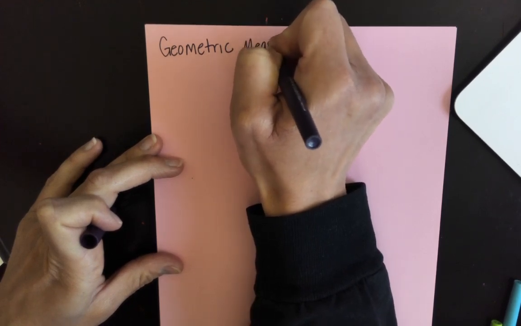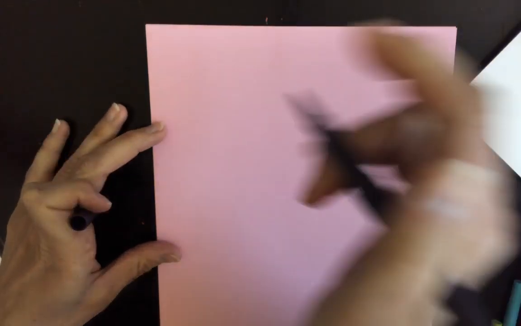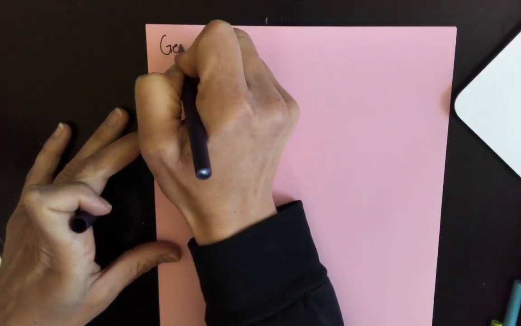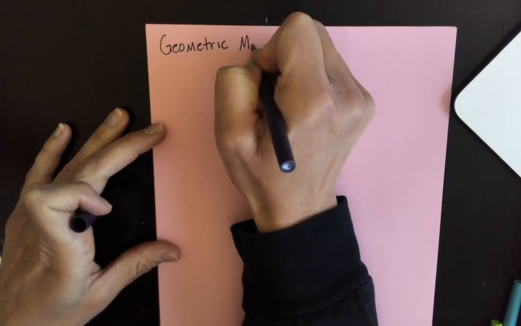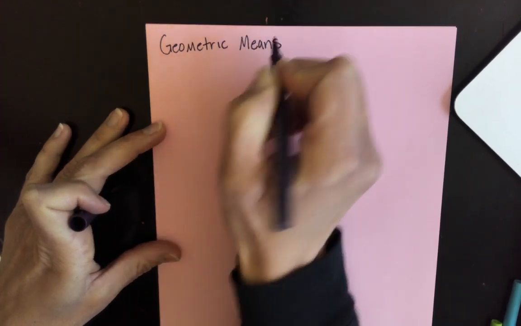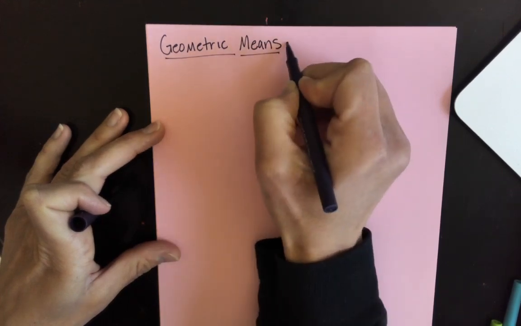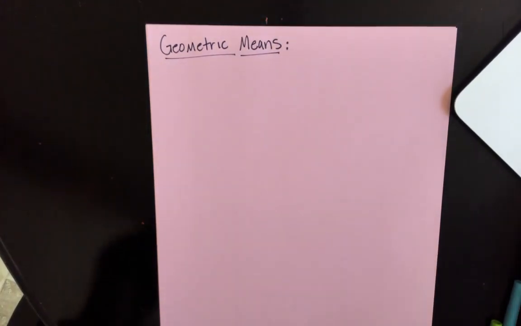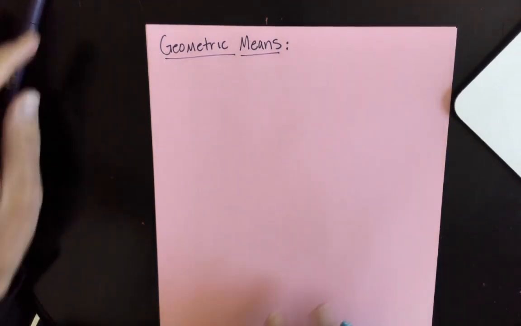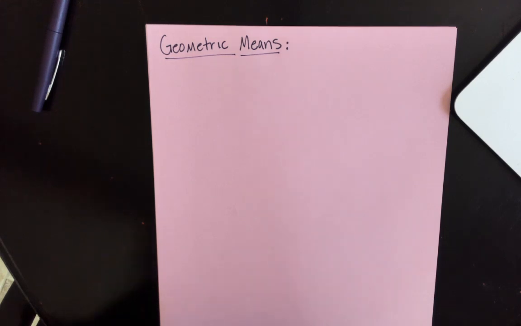Oops, that's going to bother me. Yep, starting over. Okay, so we're going to define what a geometric mean is first so that we can truly understand what we're looking for.